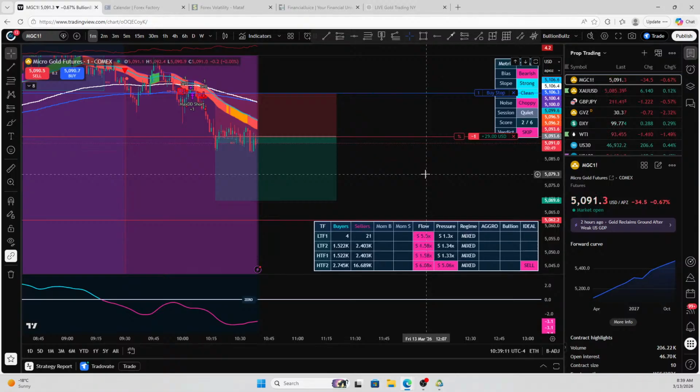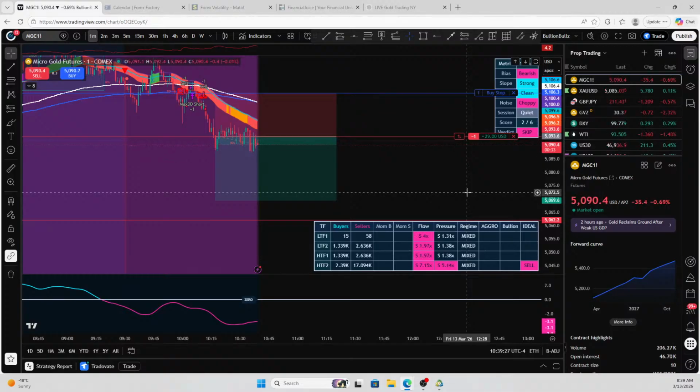Pressure is pushing to the downside. All we are doing is just waiting. And you guys can see that the volume has given us an early entry, because the regime here is mixed and the noise is choppy. So we entered the market knowing that these two are mixed. However, the volume became our leading indicator to get into a trade.